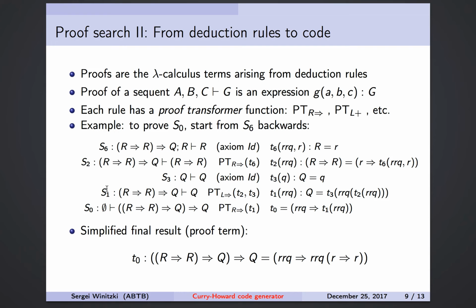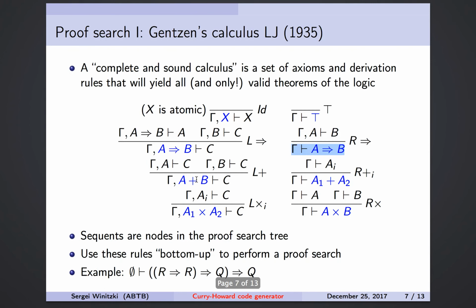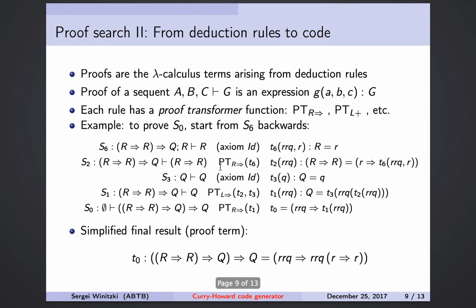The proof term for S1 is a result of the proof transformer for the rule left implication applied to the two arguments T2 and T3. Remember that this rule has two sequents that it creates. And so if you want to prove this, you have to prove both of them. And we have proved both of them, that's T2 and T3.